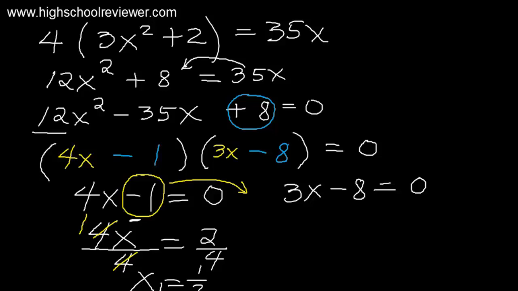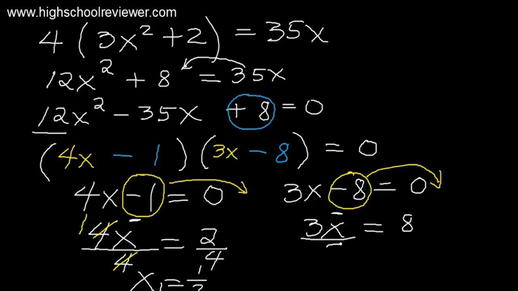So to find for x sub 2, first we need to transpose negative 8 to the other side. Okay. So after transposing, what will be left on the left side will now be 3x. If we transpose negative 8 to the other side, it will change sign. It will become positive. To find for x, we need to cancel out 3.